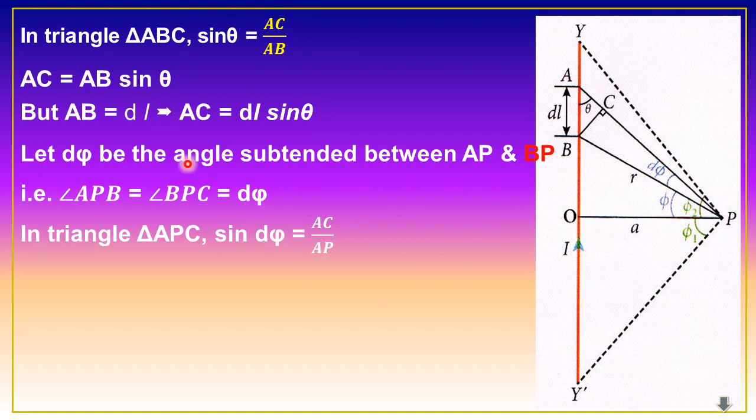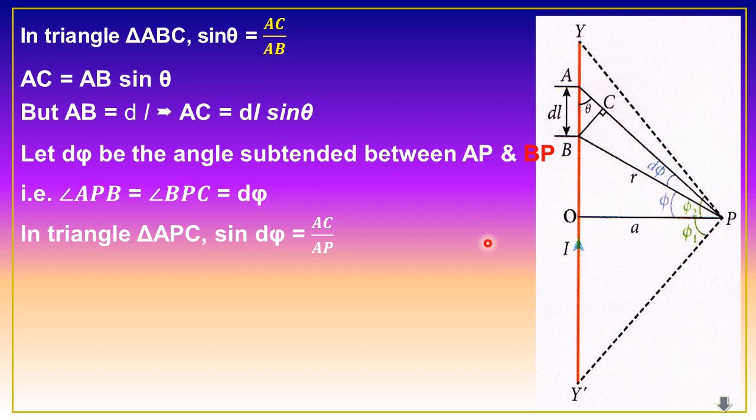Let d phi be the angle subtended between AP and BP. You can see d phi is the angle. Earlier we saw the angle theta, but now we define the angle between AP and BP, which is d phi.